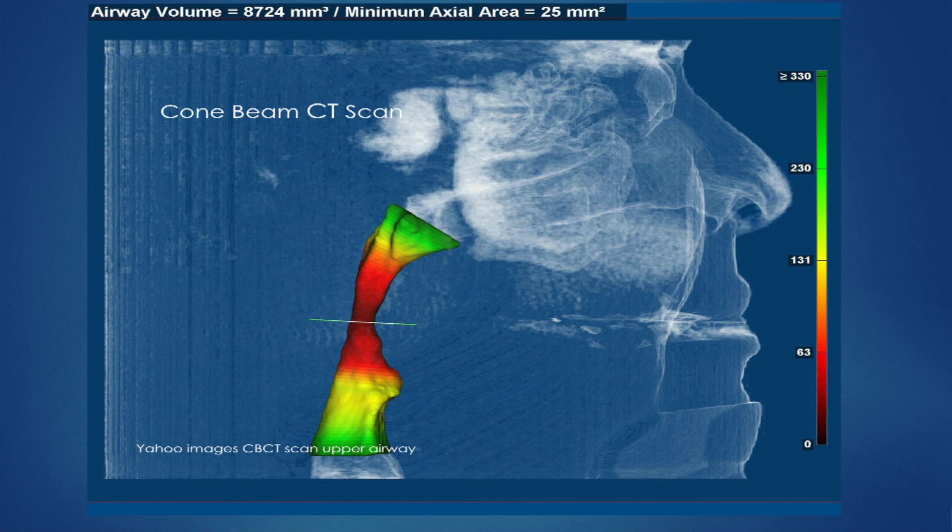So that may be an indication to send our patients for a cone beam CT scan to see if the obstruction is elsewhere. The point is that we can better predict that our oral appliances will have the desired effect to open the airway if the obstruction is at the level of the velopharynx.